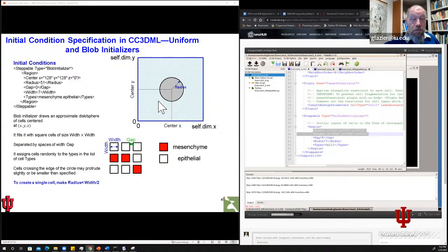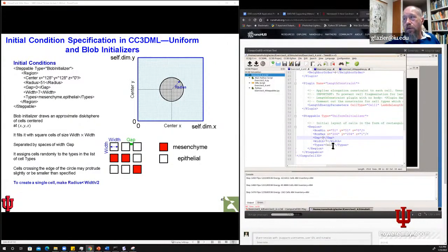If we use blob initializer, we define the radius of the circle and the center. And then we have the width. It draws square cells, width by width. Gap allows us to put a space between the cells if we want to.